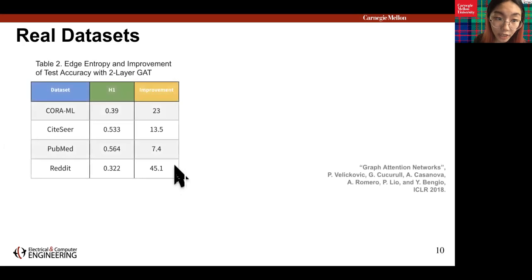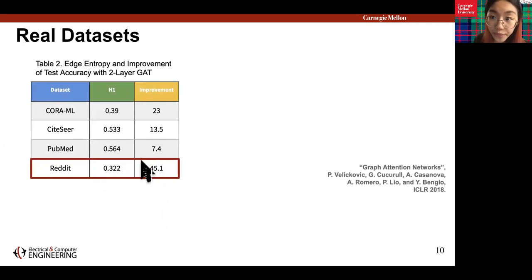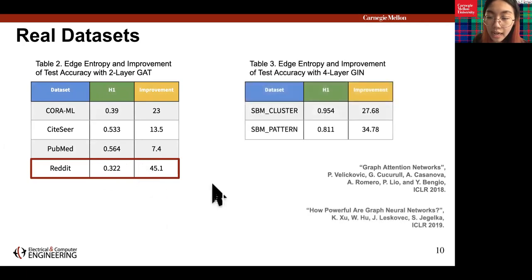We also test edge entropy on the citation networks and a social network called Reddit using a two-layer graph attention network. Again, here, Reddit has the lowest first-order edge entropy and correspondingly the highest improvement. We also test edge entropy on two large simulated datasets called SBM cluster and SBM pattern.